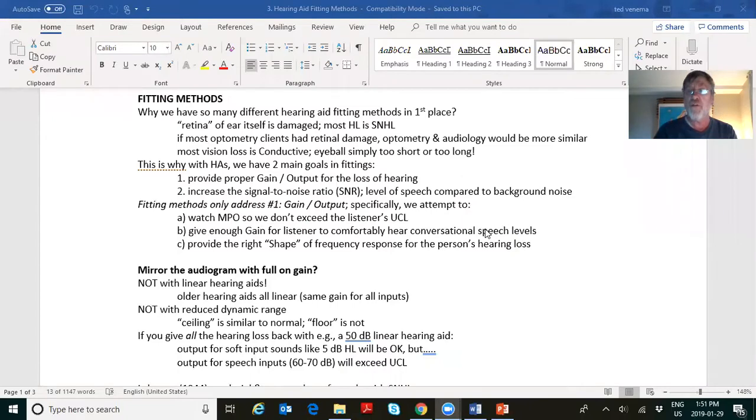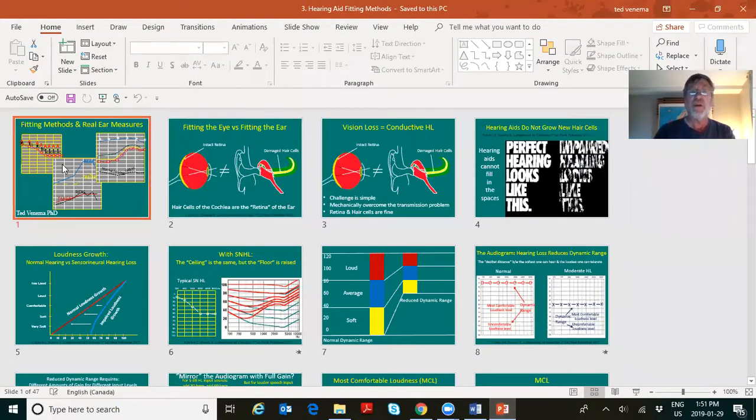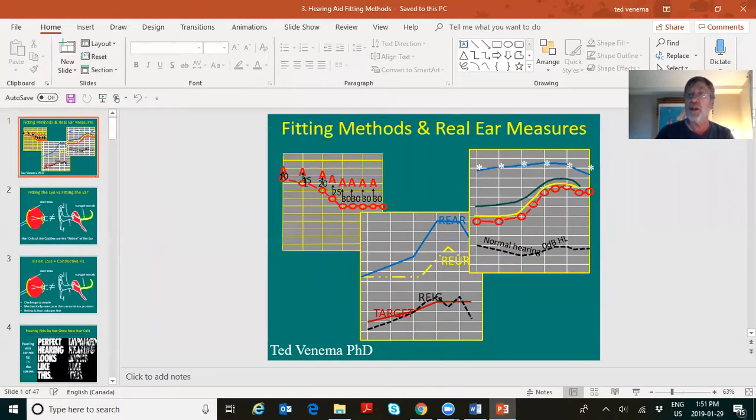And what addressed that was the half gain rule. Let's look at the half gain rule in a PowerPoint slide. It's more fun. Here we are. The half gain rule. And look at this, fitting methods and real ear measures. This is the first PowerPoint slide from our topic today.